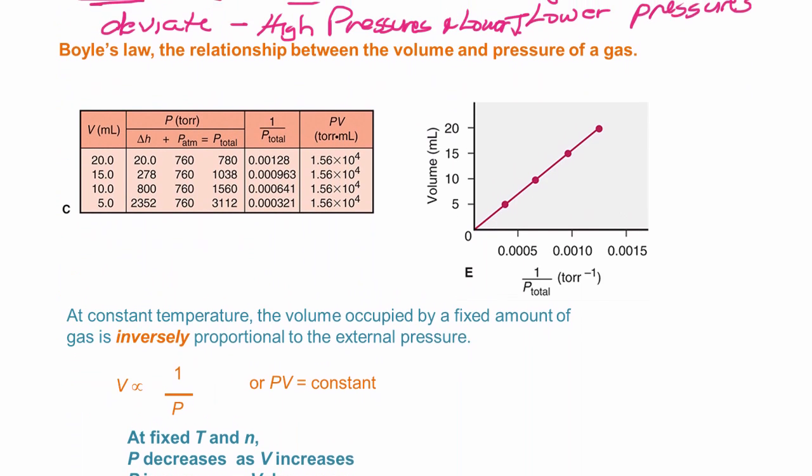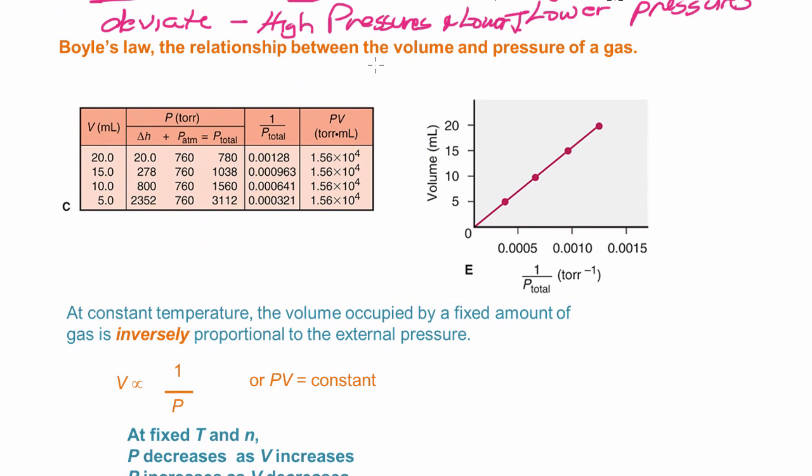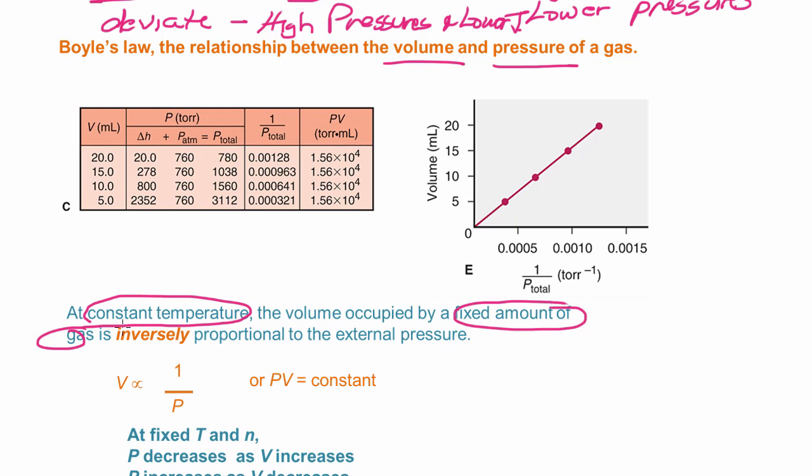So let's take a look at the relationship between volume and pressure of a gas. In this case, this is for a fixed amount of gas and a constant temperature. As long as the temperature or the amount of gas doesn't change, the volume occupied is going to be inversely proportional to the external pressure.